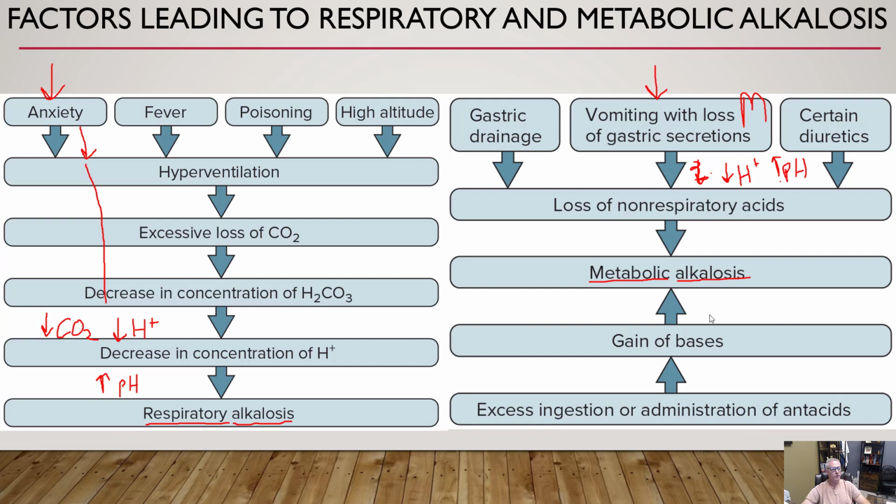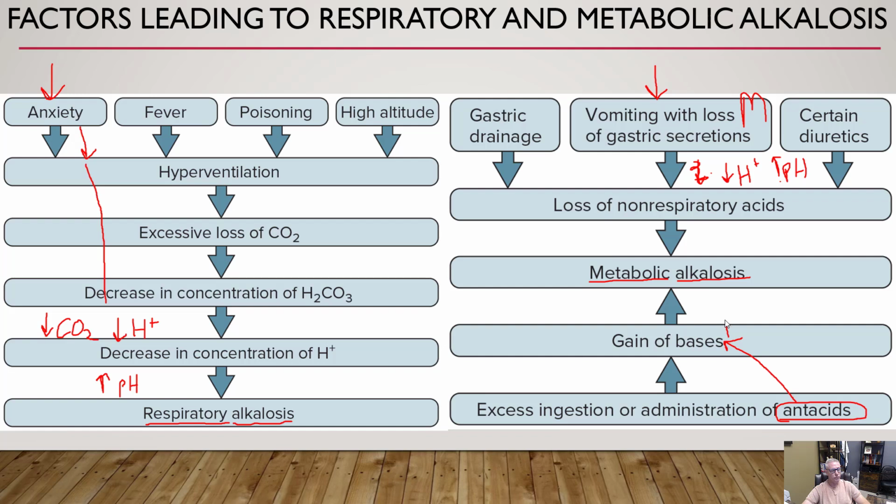And remember, we'll talk about this one down here, administration of antacids. And again, we're not talking about 1 or 2 Tums here. We're talking about 9 Tums 3 to 4 times a day. So we're neutralizing our stomach acid. So when we neutralize our stomach acid, what we're doing is we're increasing our base.